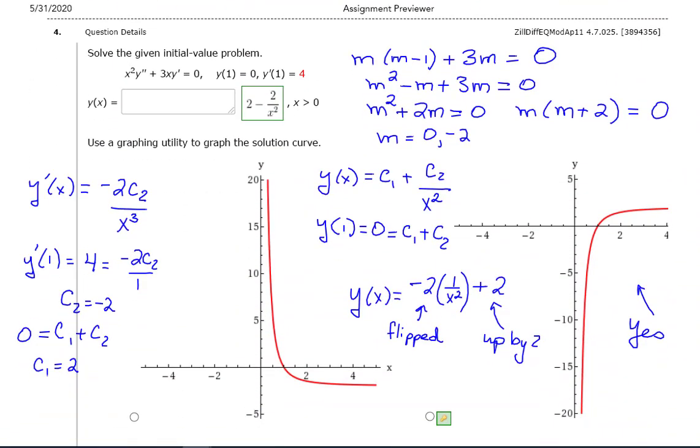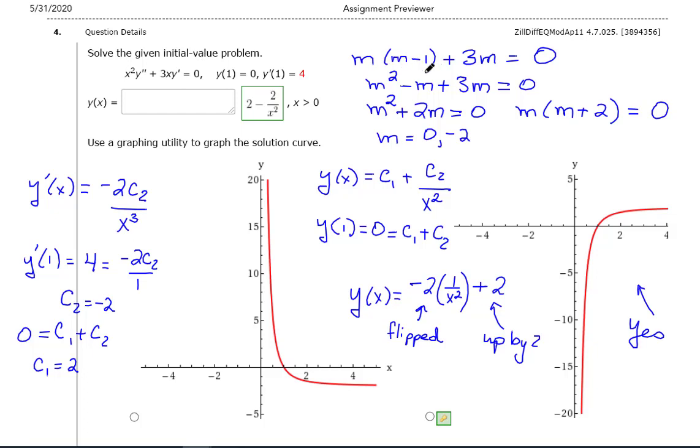Right. And in question 4, let's see, we have x squared y double prime plus 3x y prime equals 0. Alright, so I see my lead coefficient is a 1, a 3, and my y term is missing, so it's 0.